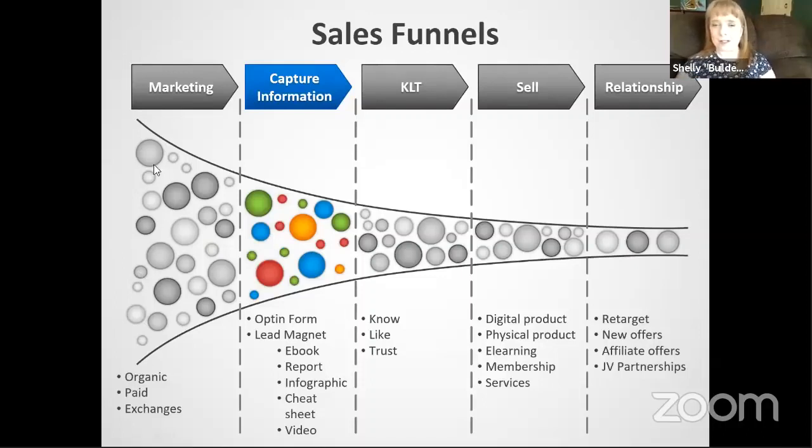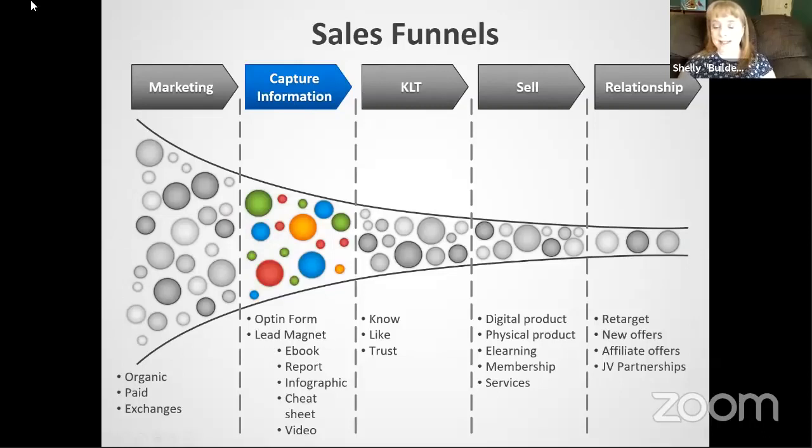Okay, so when we look at capturing information, one of the common tools that we use is an opt-in form. And you can just put an opt-in form in there and be done with it and say, here's the page, here's the opt-in form, fill it out, and do a little bit of content. Or you can actually offer something like a lead magnet, which entices them to give you their name and their email.